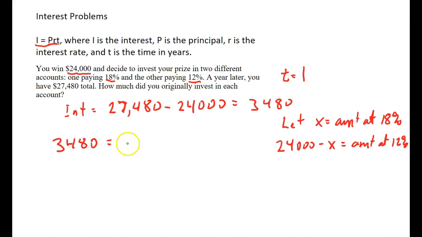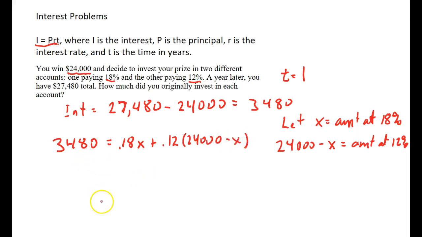Okay, so here we go. 0.18 times X, that's this interest rate and that principal, plus 0.12 times 24,000 minus X.